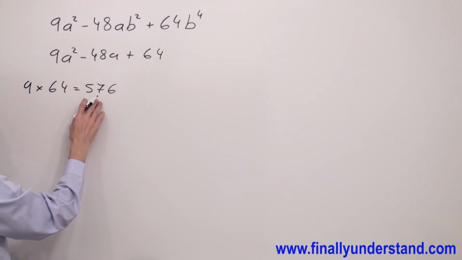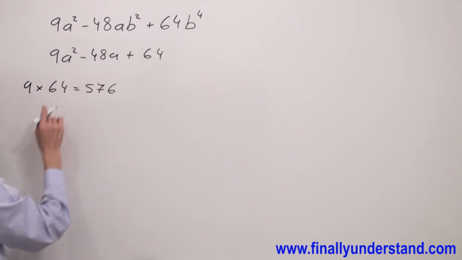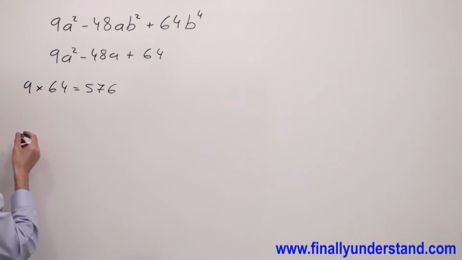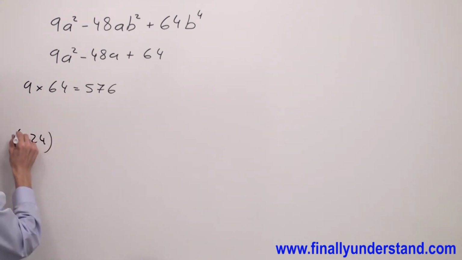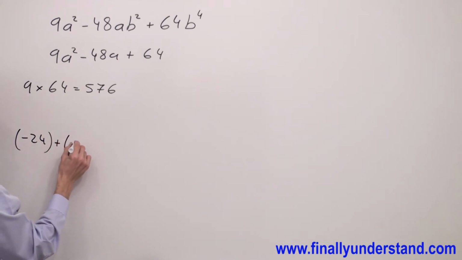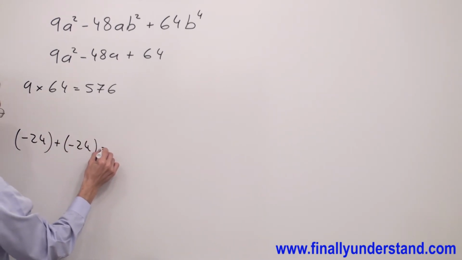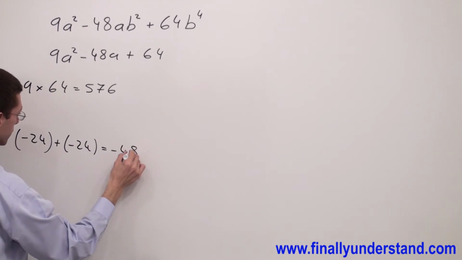With the multiplication, it could be kind of difficult, but when it comes to the addition, it could be a little bit easier. We know that minus 24 added to negative 24 is equal to negative 48.